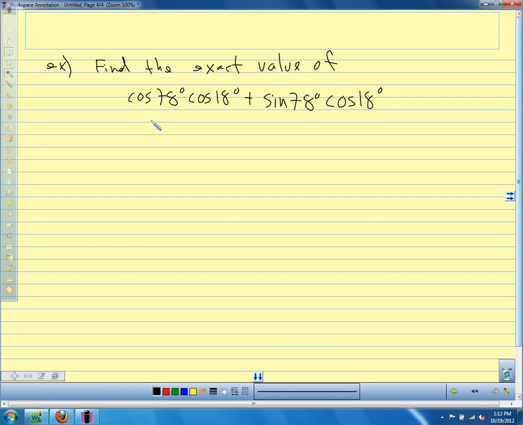So when we see problems like this where we have these sines and cosines mixed together, our goal here is to match the form of our problem to one of our identities. We have the cosines together and we have the sines together.